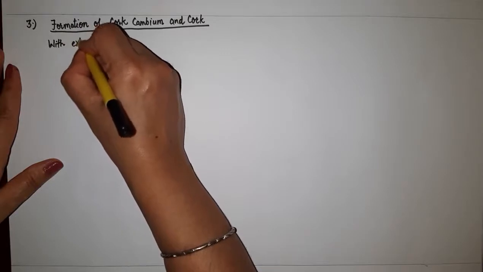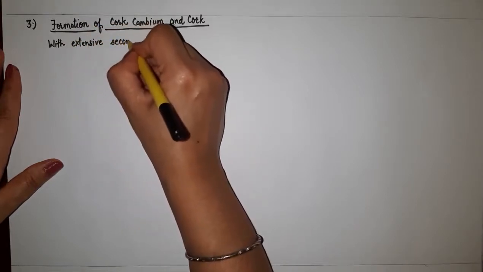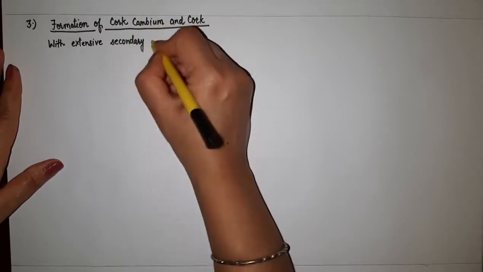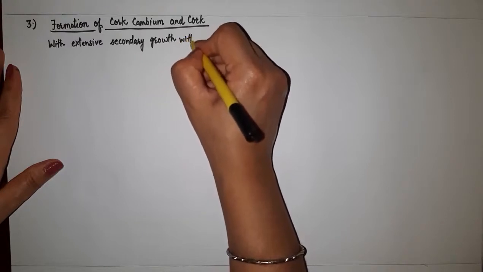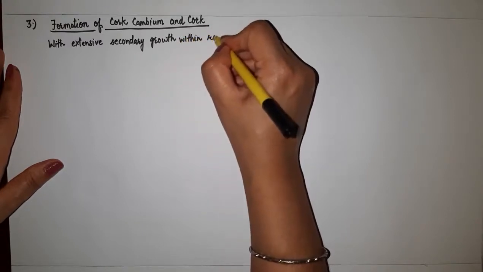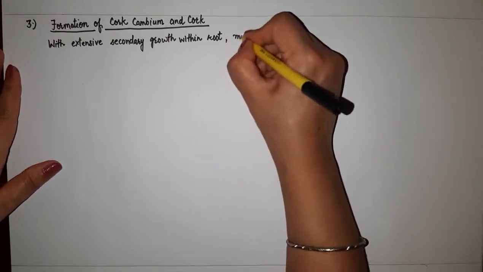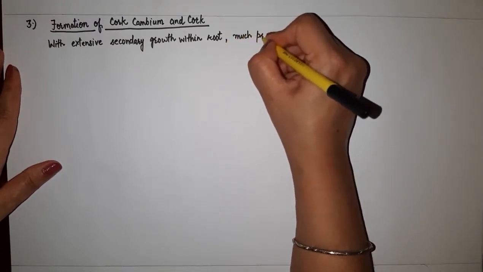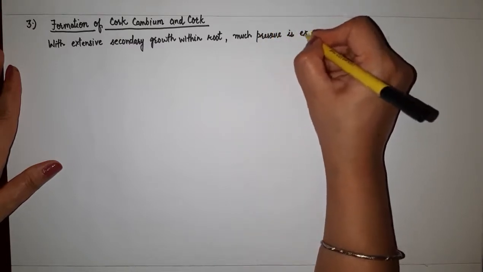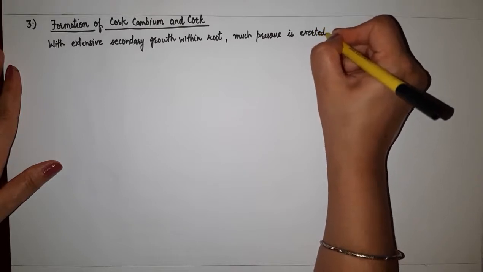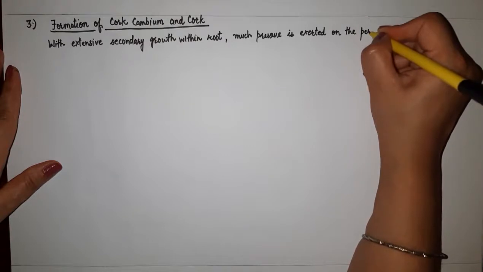With extensive secondary growth within the root, means the development of secondary vascular tissues, much pressure is exerted on the peripheral region.